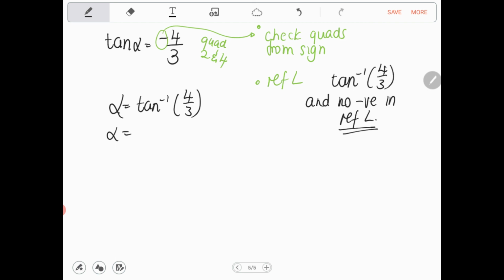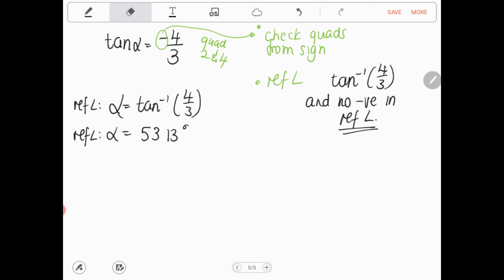Probably got maths teachers rolling around. And we have 53,13. Okay, so this is my reference angle. Oh, no, I shouldn't be underlining that.